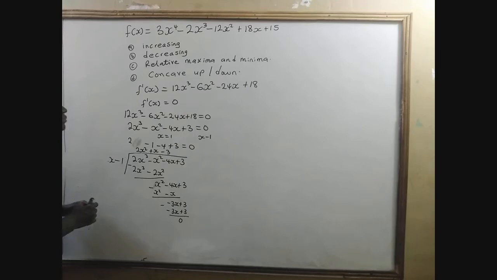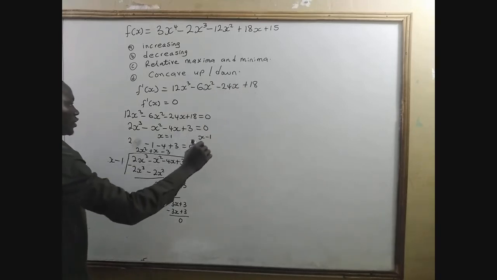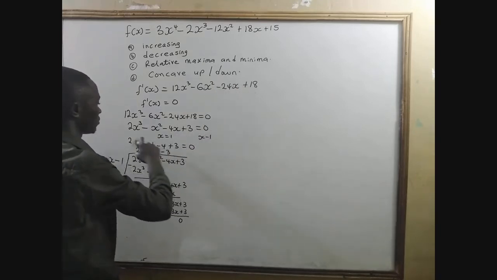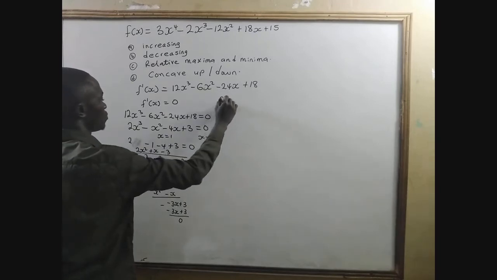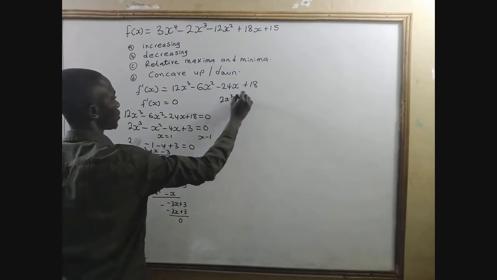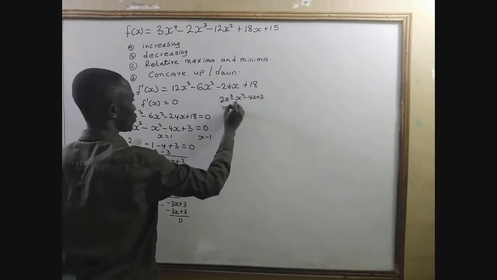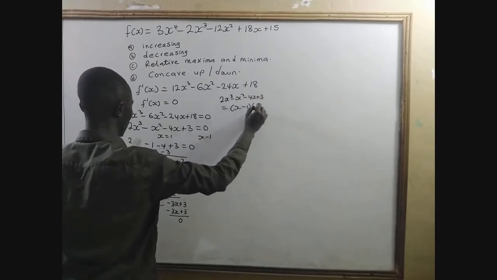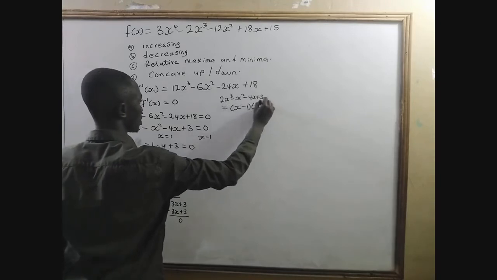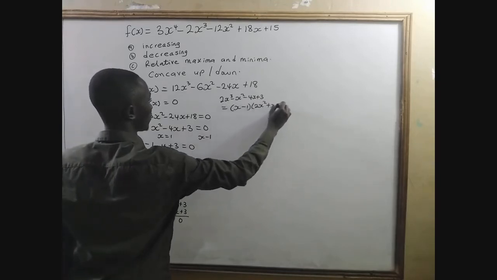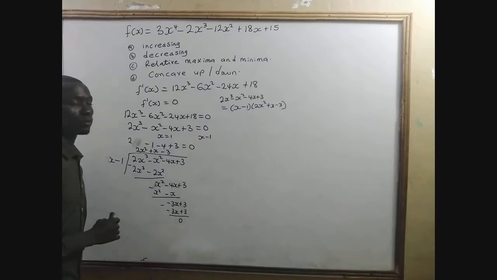This implies that we are going to have 2x cubed minus x squared minus 4x plus 3 to be equal to x minus 1 times 2x squared plus x minus 3. Very simple as that.